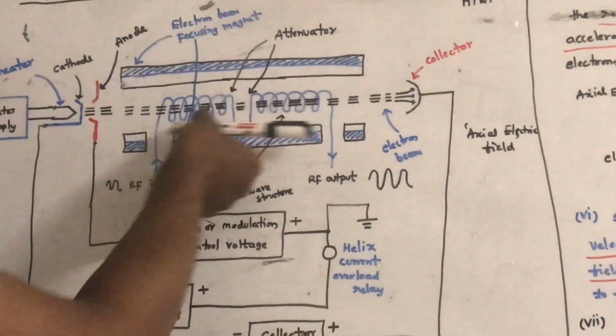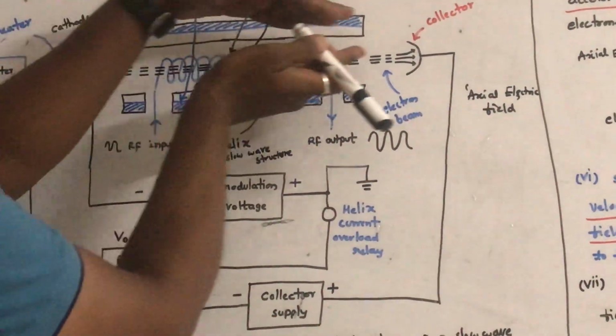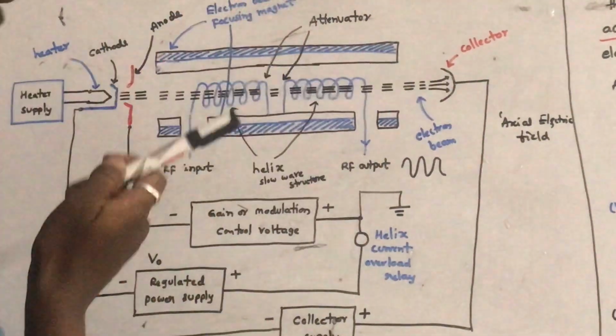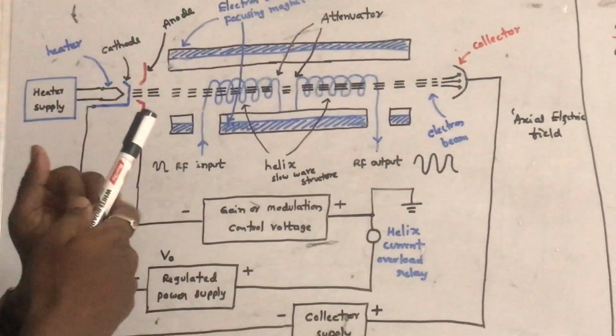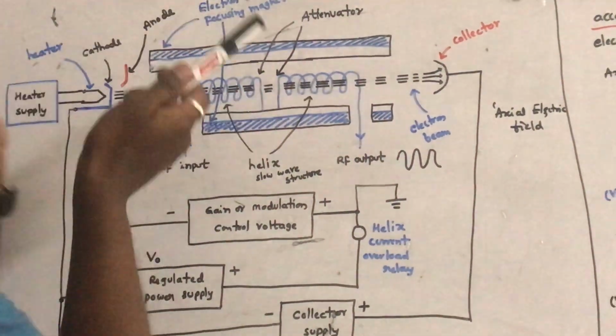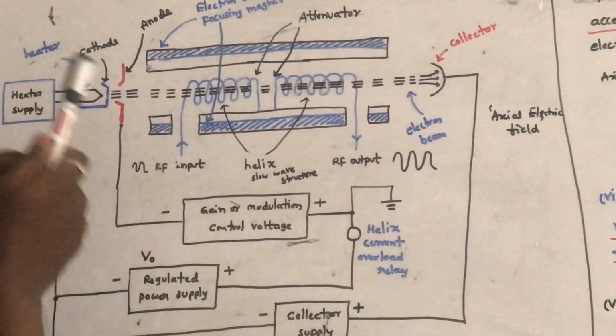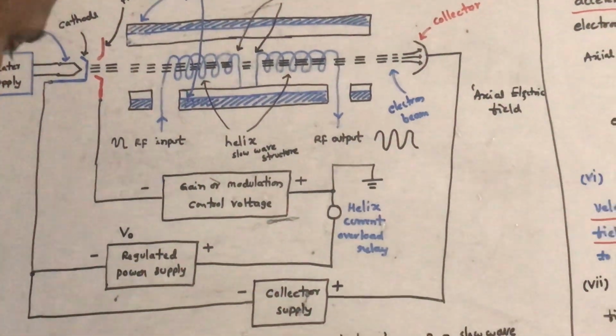These are called focusing magnets. They are used to focus the electron beam as it travels from the cathode to the collector. That's why these are called linear beam tubes or O-type tubes. Similar to the two cavity klystron and reflex klystron, it also comes into the category of linear beam tubes or O-type tubes. O stands for original type tubes.